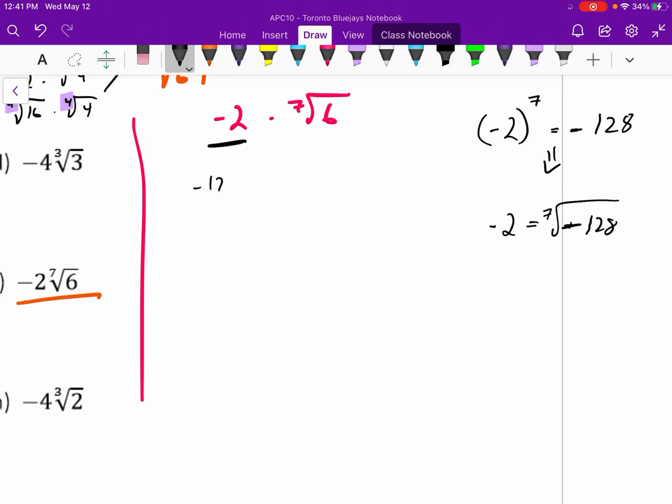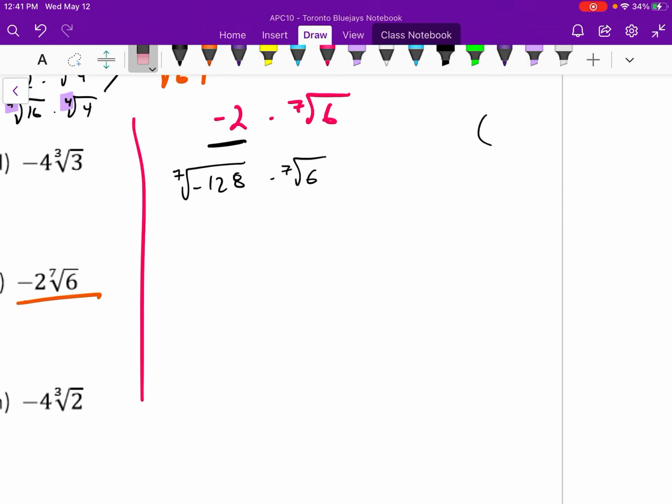So instead of writing negative 2, I write the 7th root of negative 128, times the 7th root of 6. Now, this is a big monster of a number, but don't be afraid, because since the indexes of the roots are the same, 7, I'm going to bring them all under the same radical.